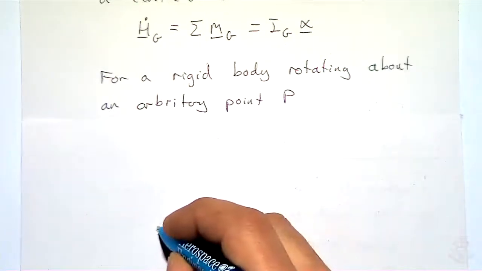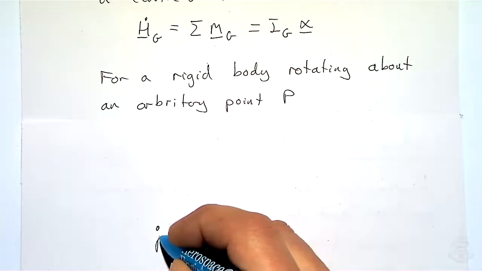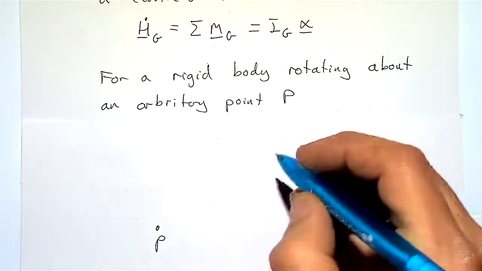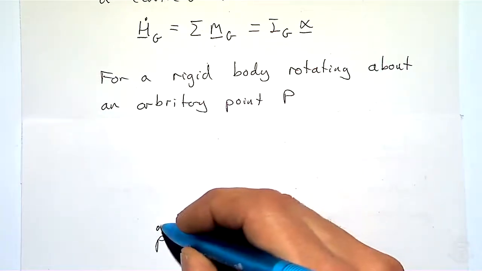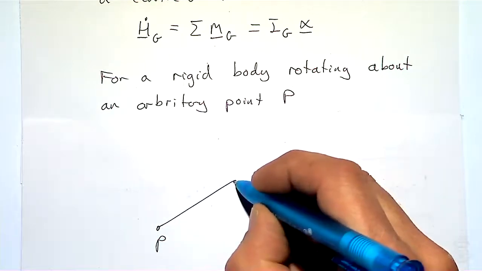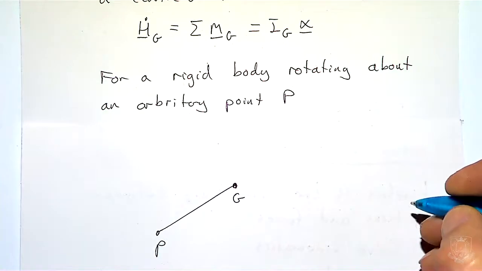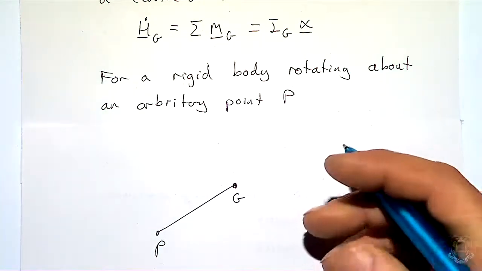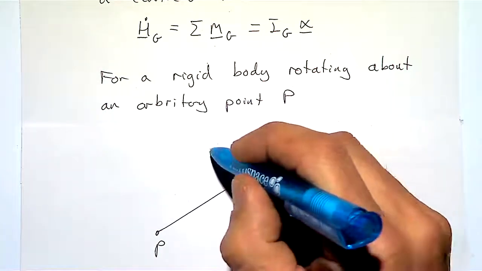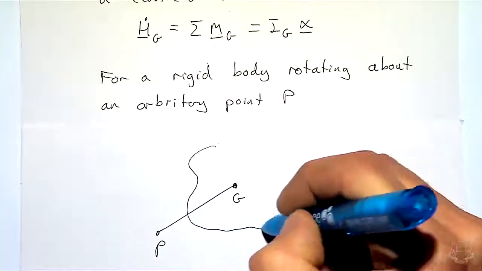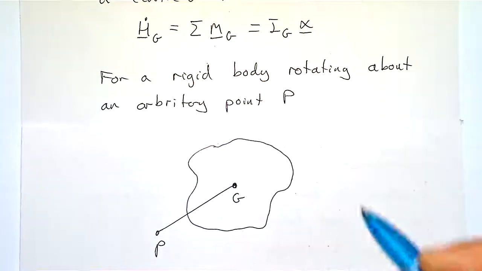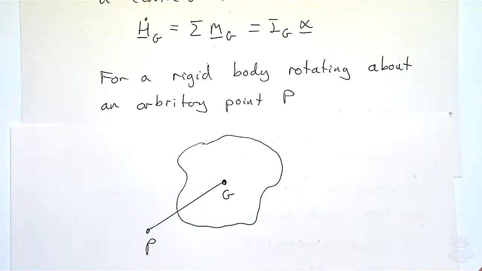Okay, so if we have some arbitrary point P, and that's going to the center of this rigid body, which is G. So G is the center of mass. So there's some arbitrary body here, which is rigid.